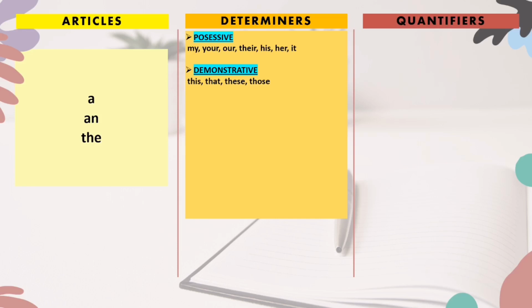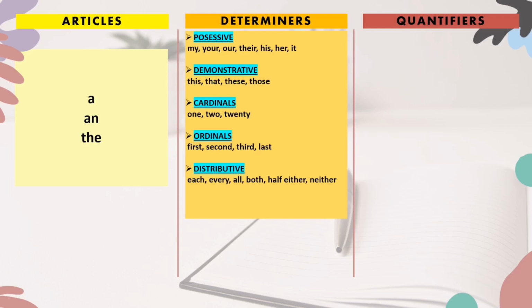You have demonstrative determiners, demonstrative, this, that, these, those. Cardinals, 1, 2, 20, 100. These are all cardinals, 号码的 okay? Then you have ordinals, first, second, third, fourth, last. Okay, so these are all called ordinals.